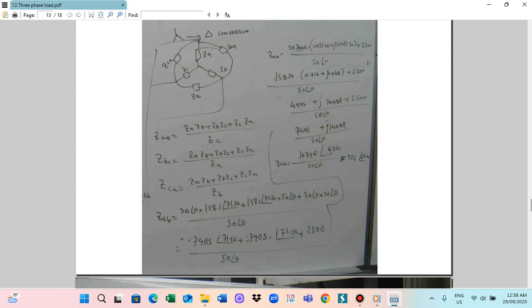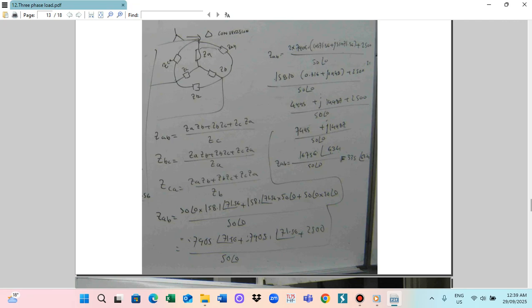So cos 71.56 is 0.316, plus j sine 71.56, which is 0.948, plus 2500. So 2 multiplied by 50 times 158.1 becomes 15810.